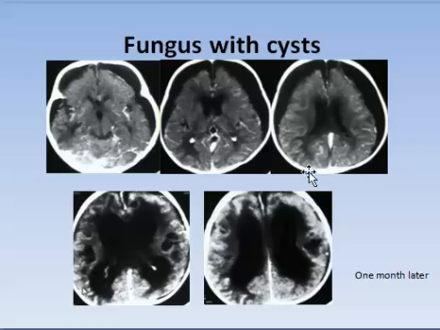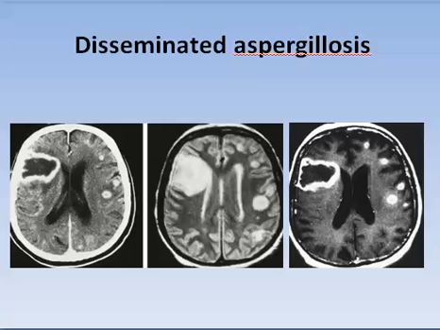Cystic changes such as bilateral subdural empyema with enhancement, meningeal enhancement, pachymeningitis, and hydrocephalus with cystic encephalomyelitis. Disseminated aspergillosis may look similar to abscess formation but with an irregular pattern.